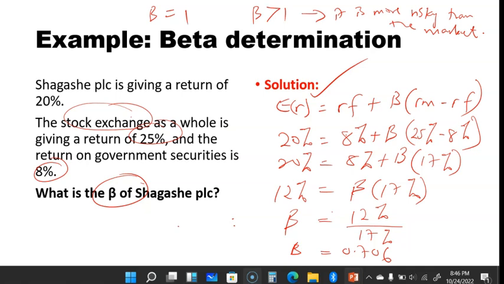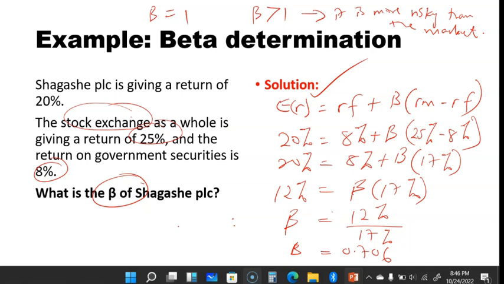What about if the security or the investment has a beta of 0? This simply means that the investment has no risk.